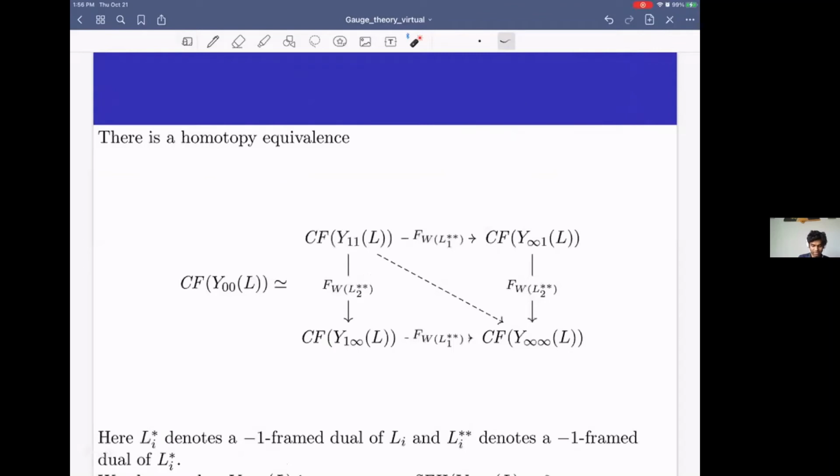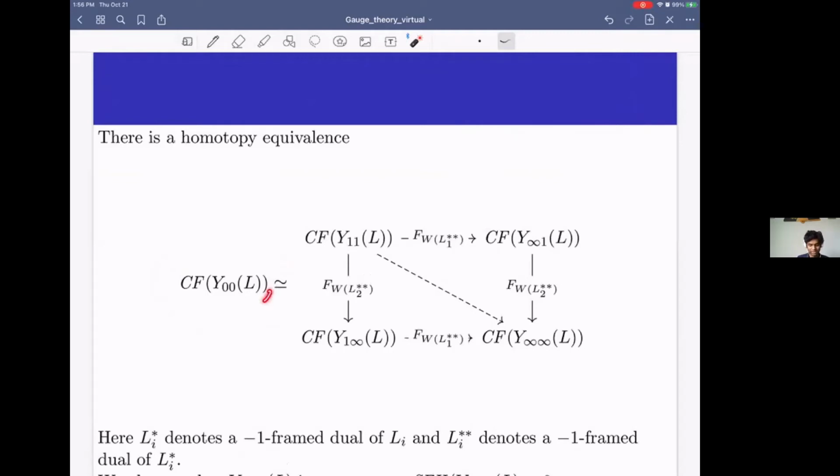By the iterated mapping cone formula, there is a homotopy equivalence between the chain complex for (0,0) surgery, by the way, here I'm looking at the slope n plus m. The minus version does not have any chain complex, because you are passing to the homology and then taking the direct limit.